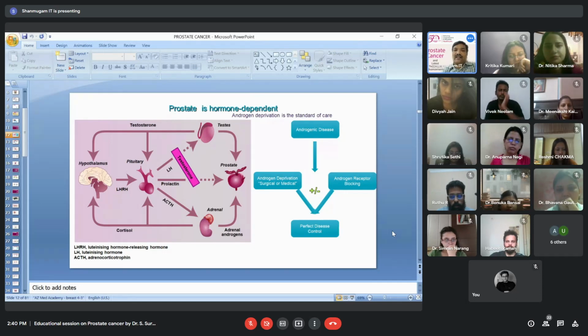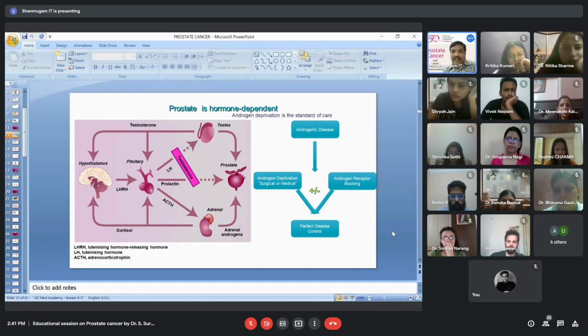When cancer treatment developed, surgery was the main component of oncology management. Then by 1896, we had radiation, and by the 1940s, chemotherapy. But it was Huggins in the 1950s who was interested in the hormones.